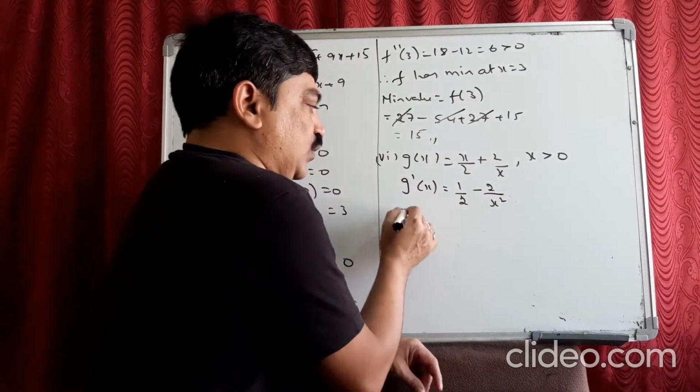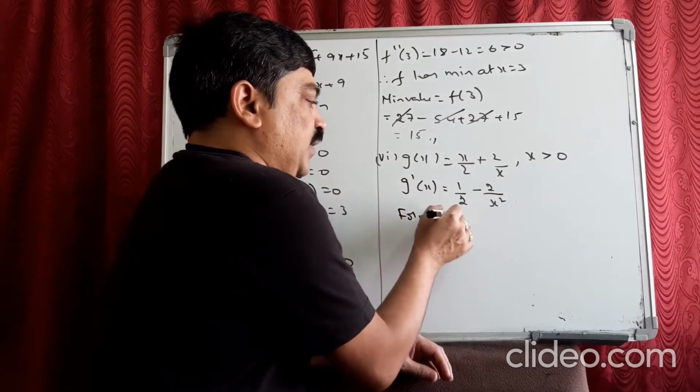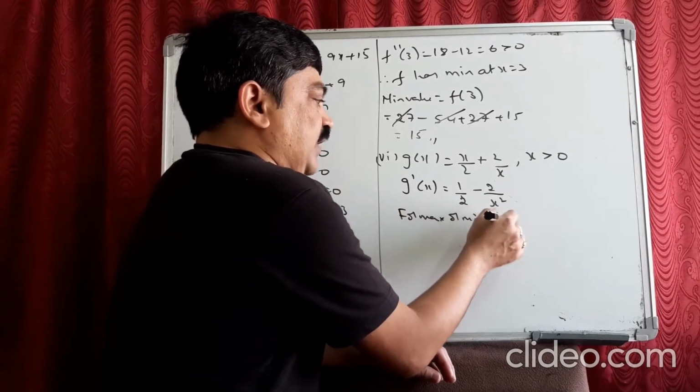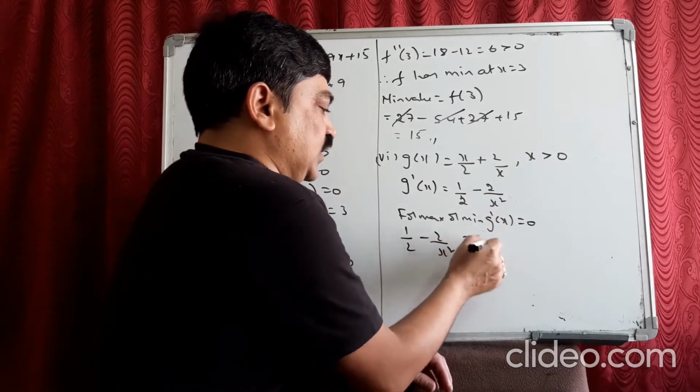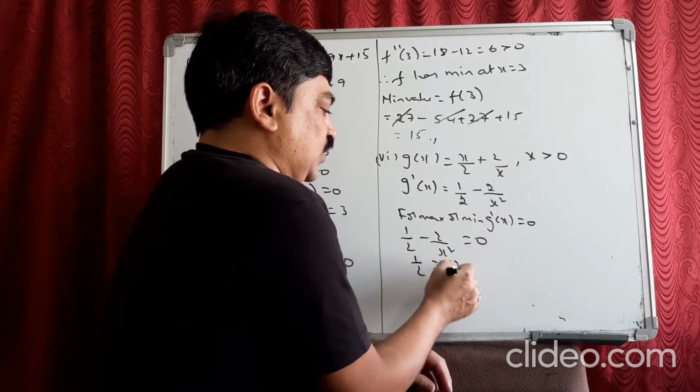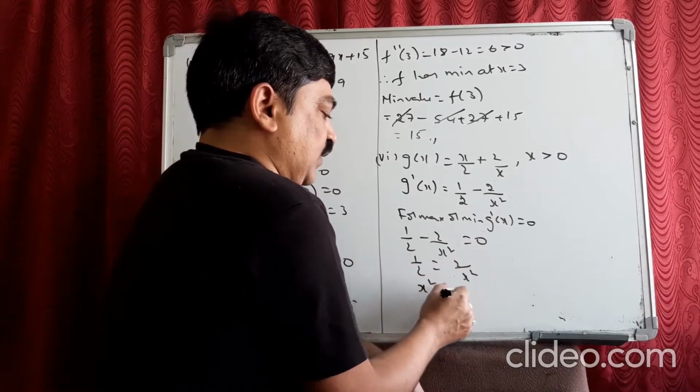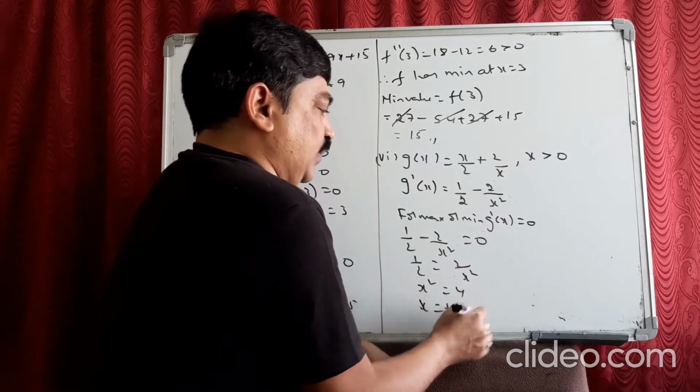For maximum or minimum, g dash of x equal to 0. That means 1 by 2 minus 2 by x square equal to 0. 1 by 2 is equal to 2 by x square, x square equal to 4, x equal to plus or minus 2.